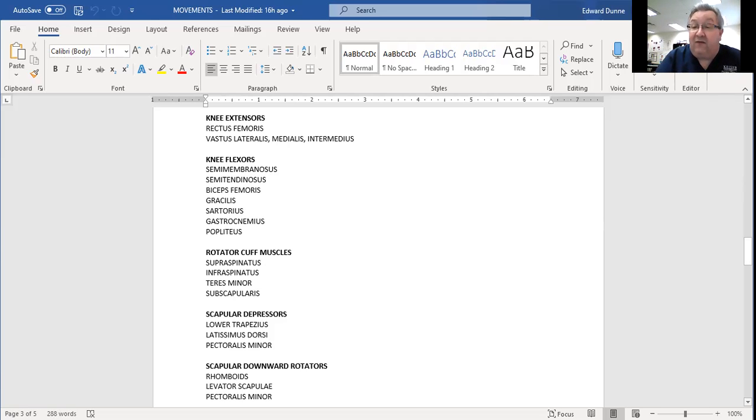There are many knee flexors. Let's get the main ones first. So the top three are the hamstring muscles. Remember, the hamstrings are the major knee flexors: semimembranosus, semitendinosus, and biceps femoris.